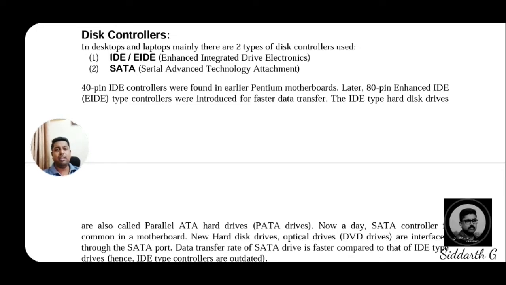Inside that, the types of disk controllers are IDE, integrated digital electronics, or sometimes called integrated drive electronics, and EIDE, enhanced integrated drive electronics, and SATA, serial advanced technology attachment.